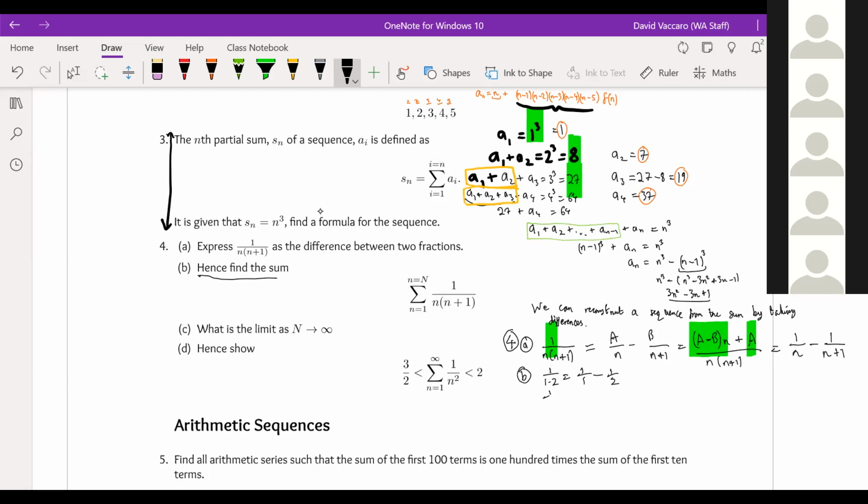And the previous identity tells me that 1 over 2 times 3 is 1 over 2 take away 1 over 3, all the way down to 1 over n plus 1 is equal to 1 over n take away 1 over n plus 1. Now, this summation sign is inviting me to add all of these up.